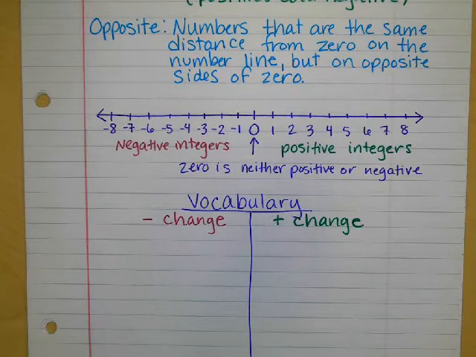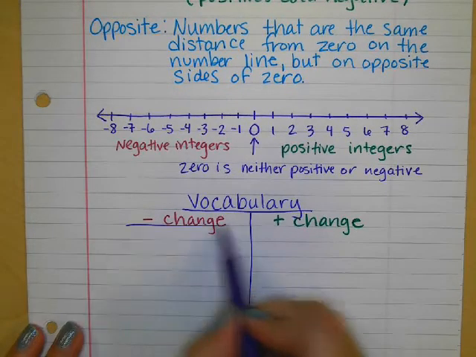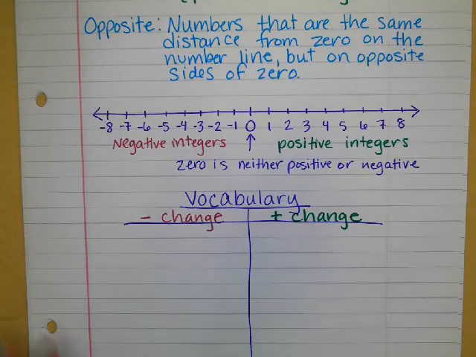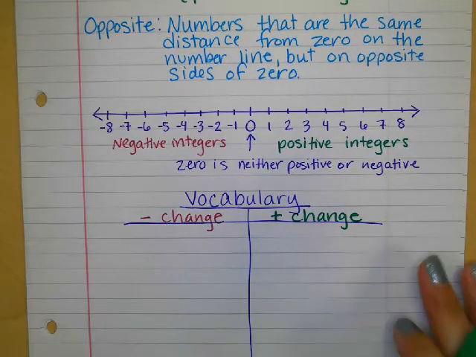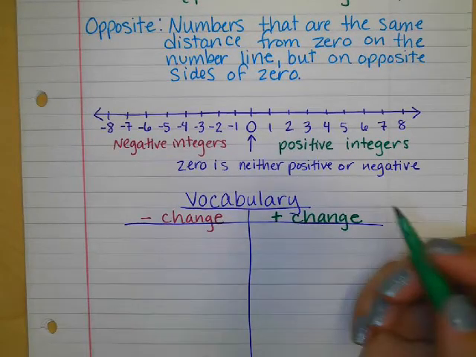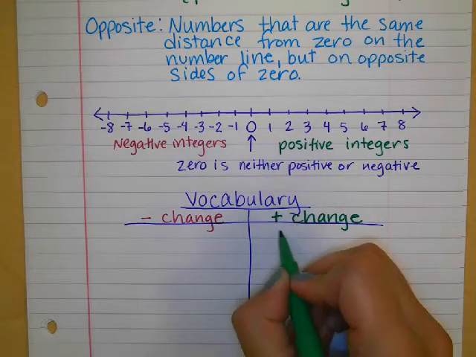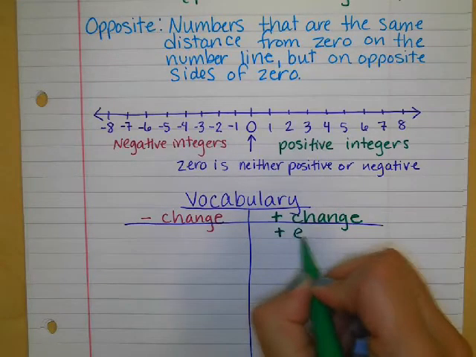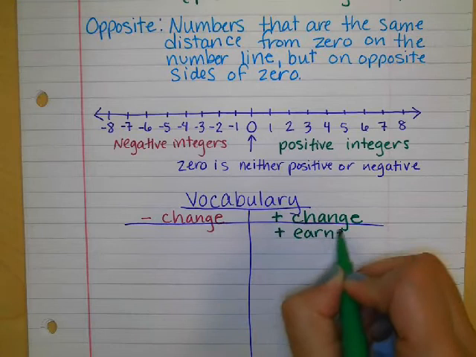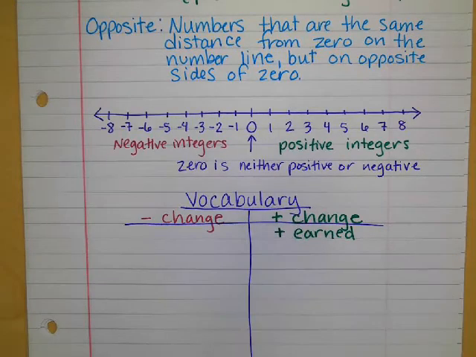Some words that we use for positive change would be money earned. If we earn money, that's a positive change. The opposite of that would be to spend something.